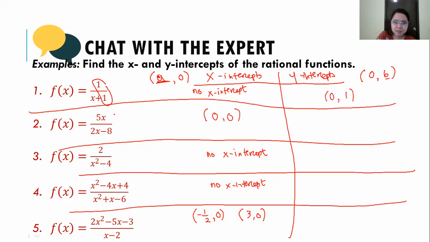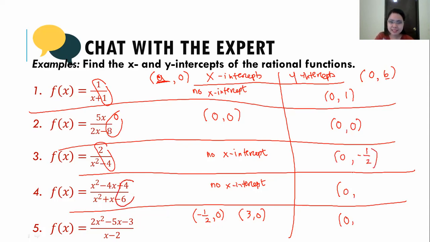Next, 0 divided by -8, that's still 0. So 0, 0. The next, 2 divided by -4, that's -1/2. The next, 4 divided by -6, you have -2/3. And the last one, -3 divided by -2, we have 3/2.